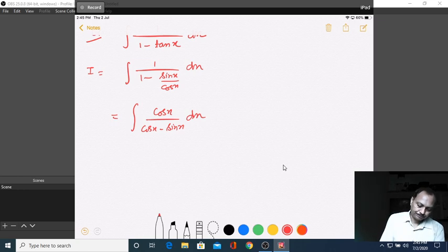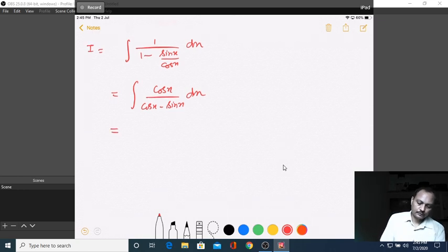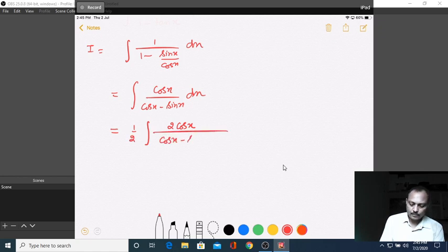Now we can write this cos x as 2 cos x, multiplying by 2 in the numerator and dividing by 2 in the denominator, over cos x minus sin x dx.